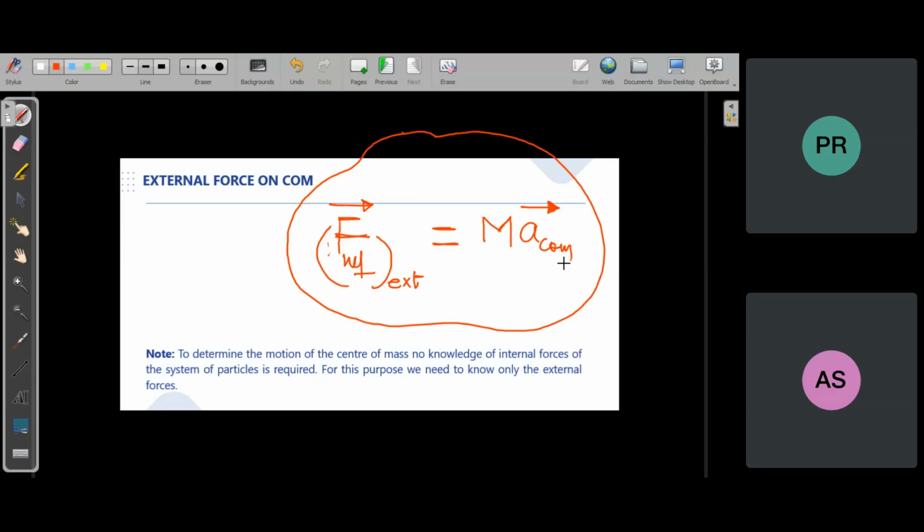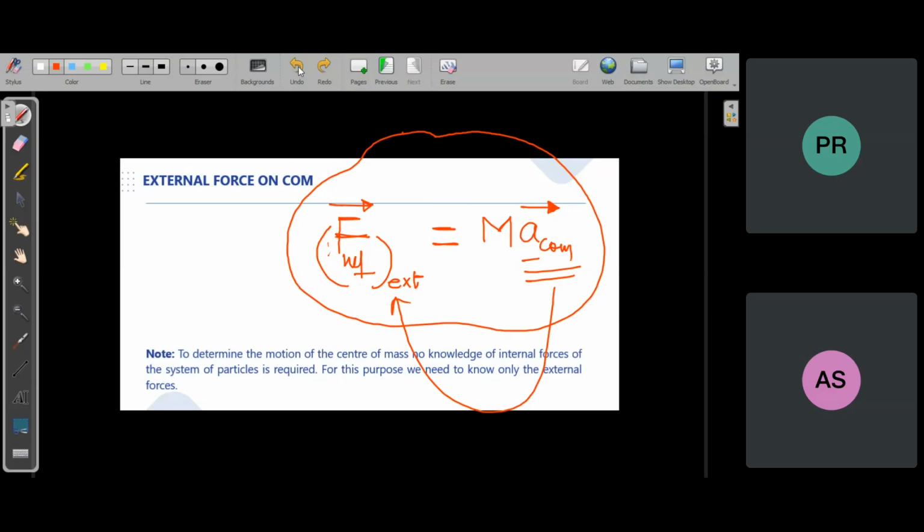But the acceleration of the center of mass will only depend on the net external force on the system. Center of mass cannot accelerate without a net external force. But individual particles can accelerate even if the net external force on the whole system is zero.